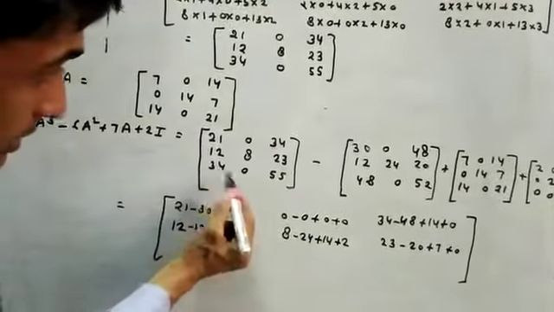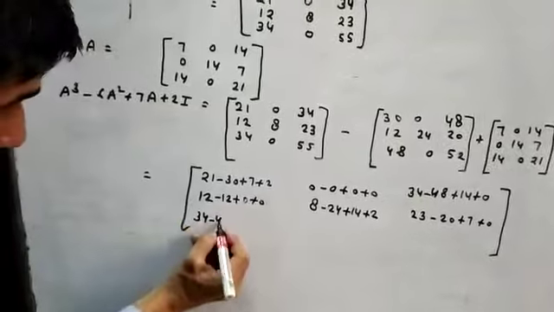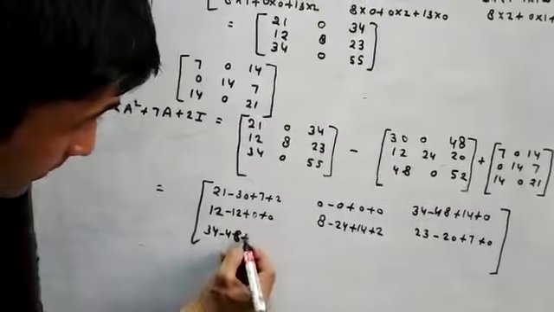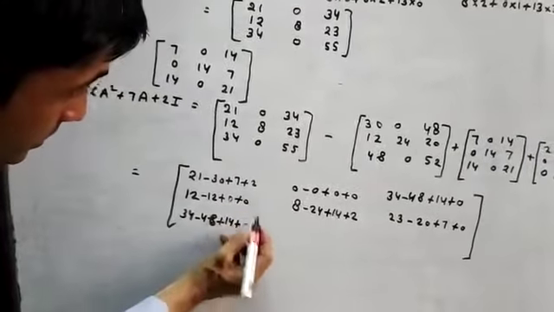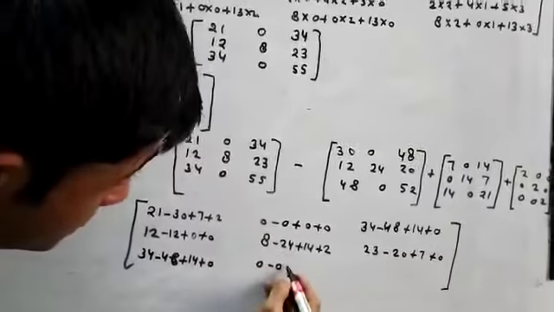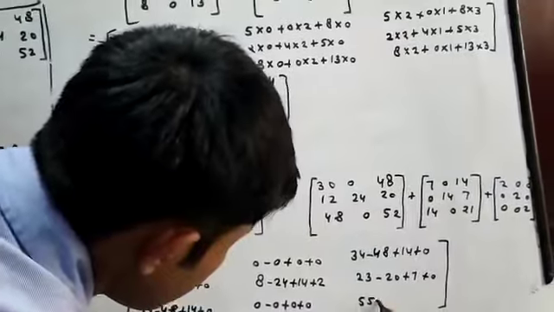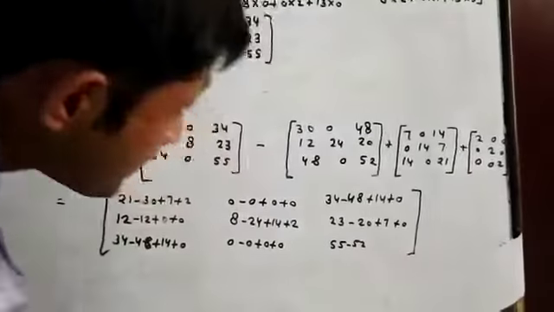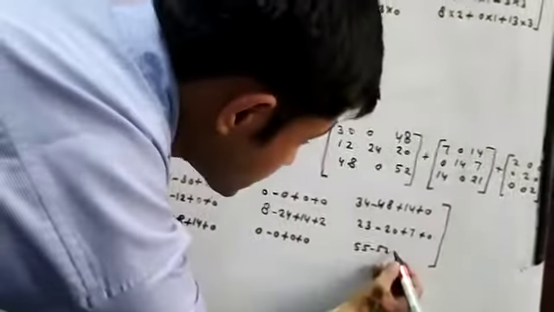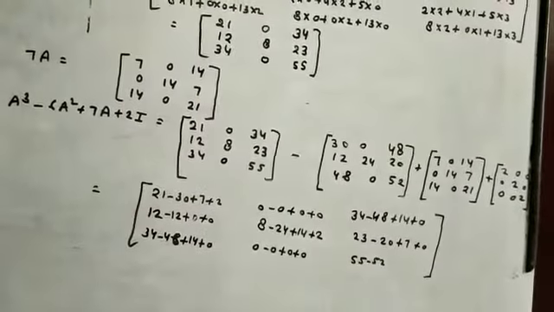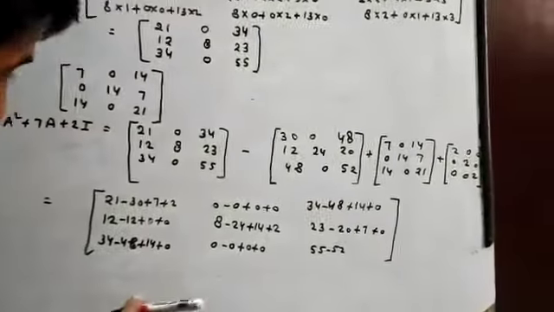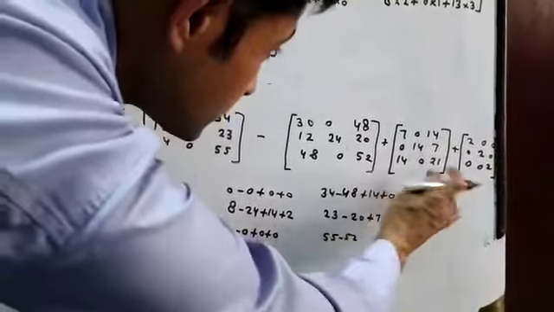And last one is 34 minus 48 plus 14 plus 0. 0 minus 0 plus 0 plus 0. 55 minus 52 plus, since I think there is something wrong, 21.